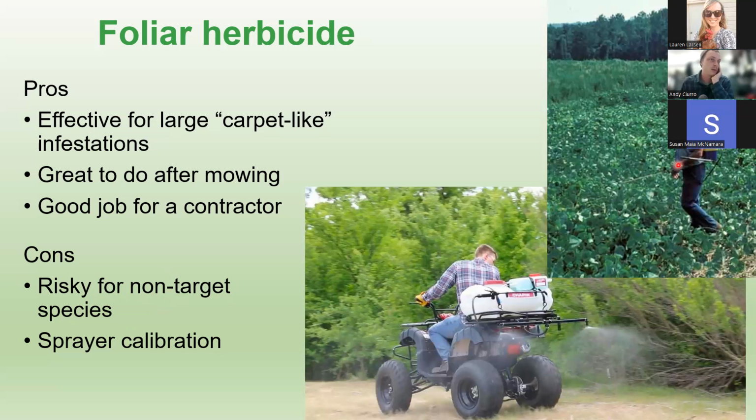Otherwise, even calibrating your backpack sprayer, controlling how fast you're walking and seeing how much you're applying per swath, should be something you consider when you're spraying. You don't want to exceed how much you're putting into the soil, so you're not doing an excessive amount and killing everything. But you also want to make sure you're putting enough in there. So this is a good job for a contractor to do.